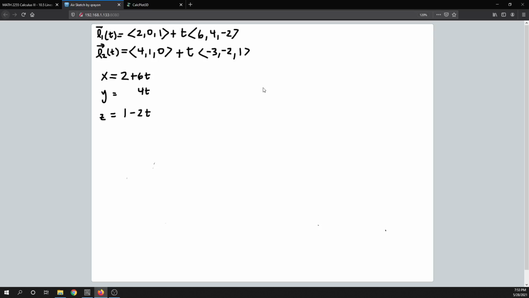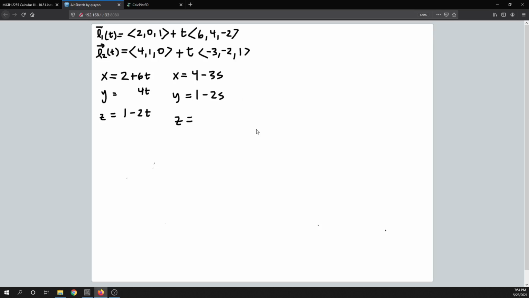So this one's going to be x equals 4 plus s times negative 3, so 4 minus 3s. y is going to be equal to 1 plus s times negative 2, so 1 minus 2s, and z is going to be equal to 0 plus s times 1, so z equals s.